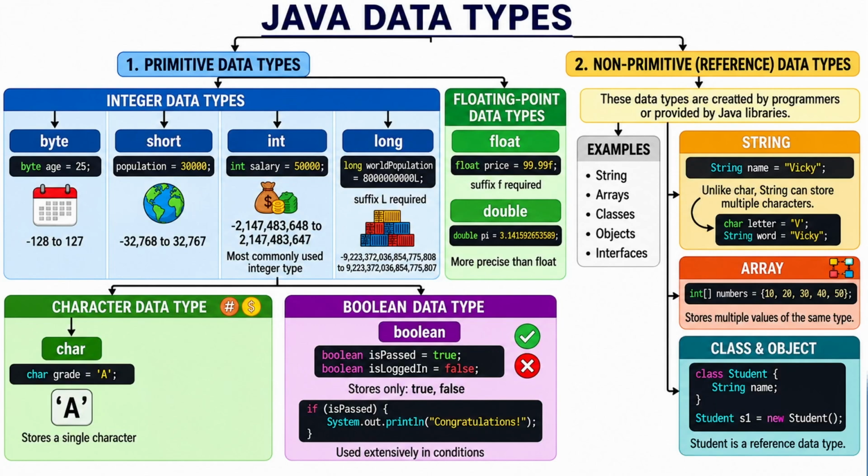As we can see in the example, float price equals 99.99F. And the same goes for double. Double occupies 8 bytes and provides higher precision. In most applications, double is preferred.